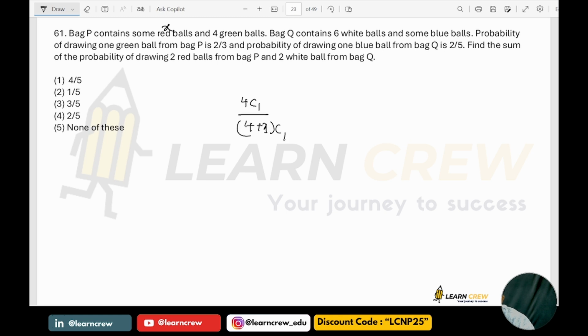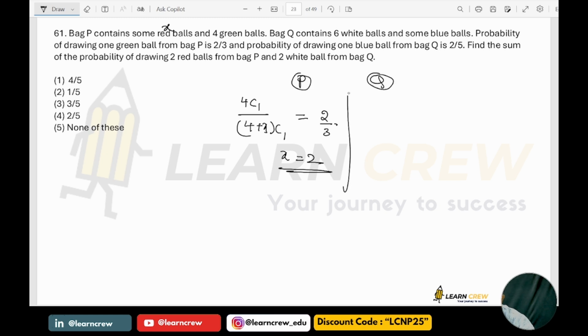This is 2/3. So from this, 4C1 is 4. 4 into 3 is 12. Thereby you will get X as 2. This is bag P.